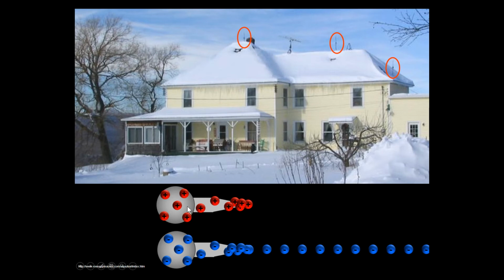If it's positive charges here, it's going to attract negative charges to that spot, but at a much, much lower voltage, because it doesn't have to wait for that big buildup of voltage before it can jump.